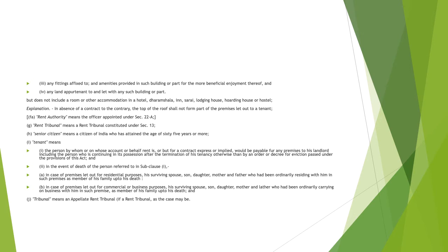Explanation for this is that in absence of a contract to the contrary, the top of the roof shall not form part of the premises let out to a tenant.